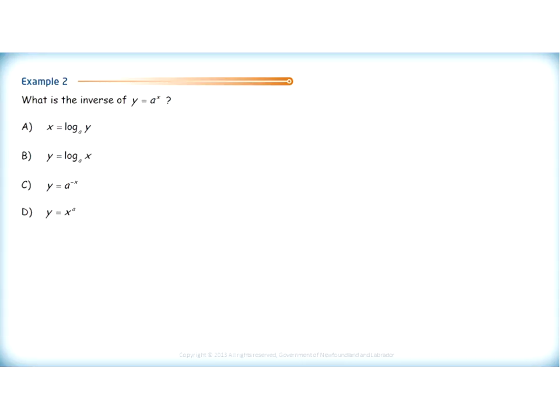In example 2, we are asked what is the inverse of y equals a raised to the power of x. Similarly, note the key word here is still inverse. So in order to do that, the first step involves switching x and y. So we have x is equal to a raised to the power of y.